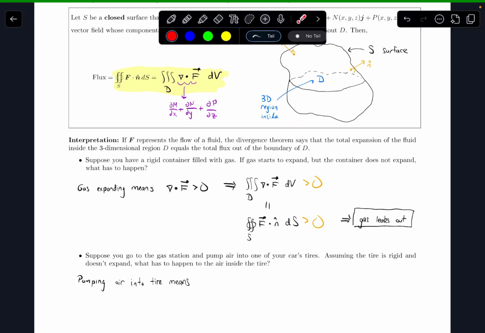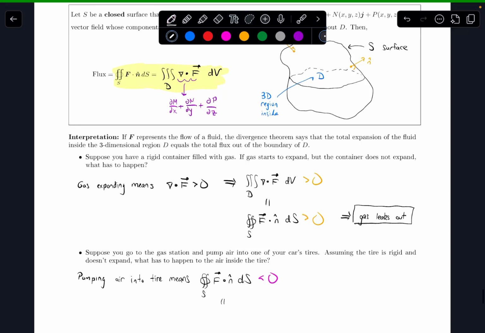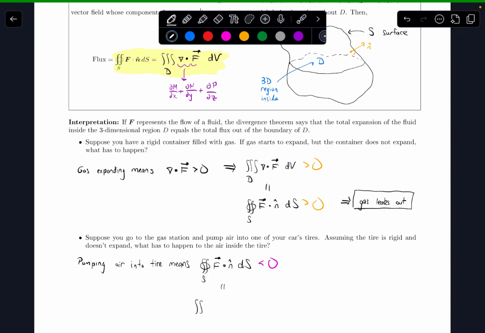That means the flux is going to be negative. So my surface integral of F dot my unit normal vector dS is going to be less than 0. But that surface integral equals the triple integral over D of the divergence of F dV.